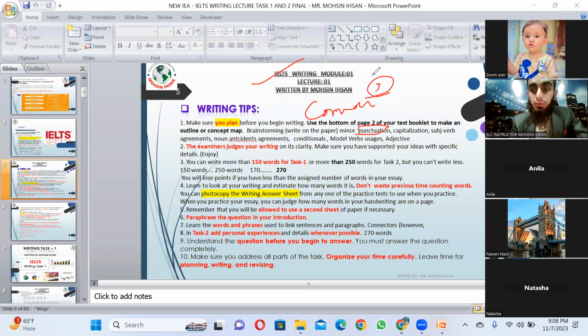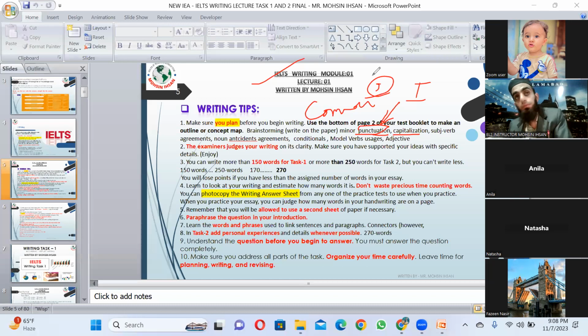Next, you have capitalization, like where 'I' is capital. You must have a little more information: punctuation has 12 or 14 rules, the comma usage especially. We don't use a comma in some places, but we do use a comma when you start a sentence with if, although, even though, though, or because, and the sentence is half completed.